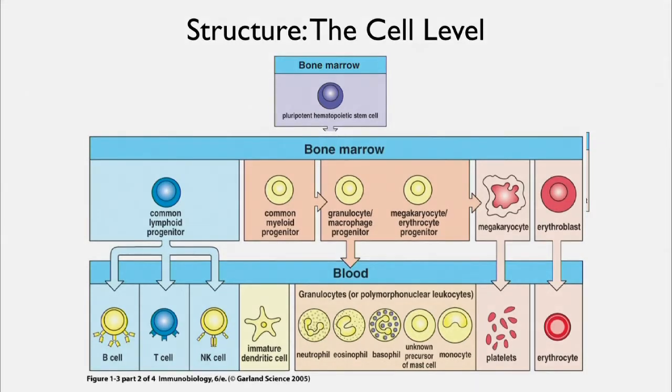Or they can make a common myeloid progenitor that will go through a series of stages and become either a neutrophil, an eosinophil, a basophil, a precursor of a mast cell. If they make a megakaryocyte, the megakaryocyte will make platelets.